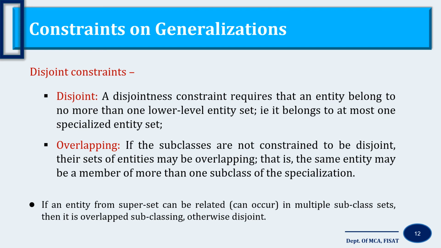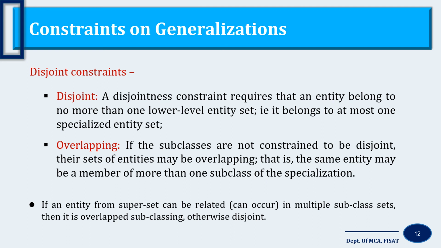The employee cannot belong to both categories. It can be either an instructor or a manager. The employee cannot act in both roles. So that is disjoint. That is, it belongs to at most one specialized entity set.